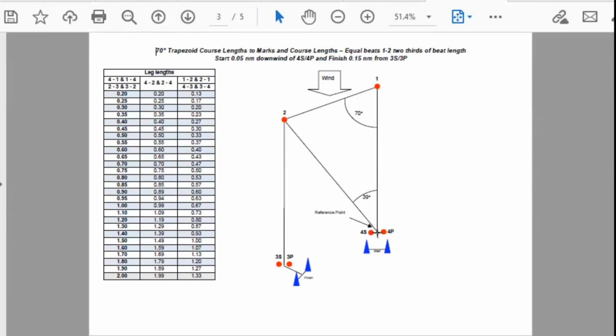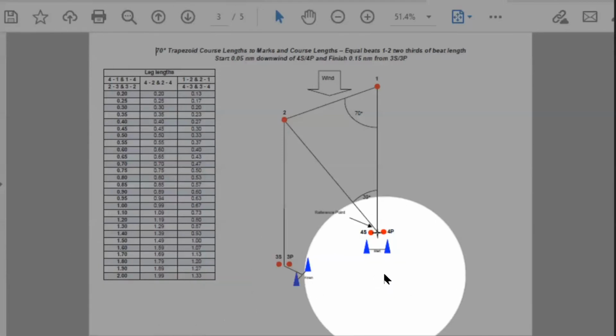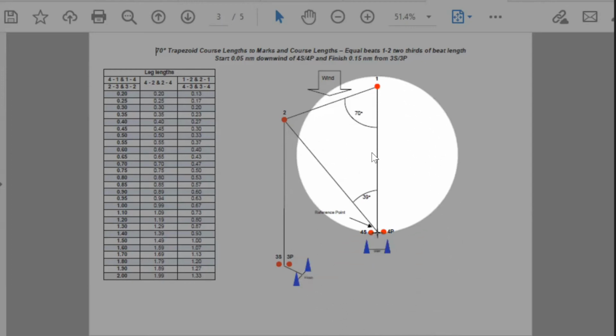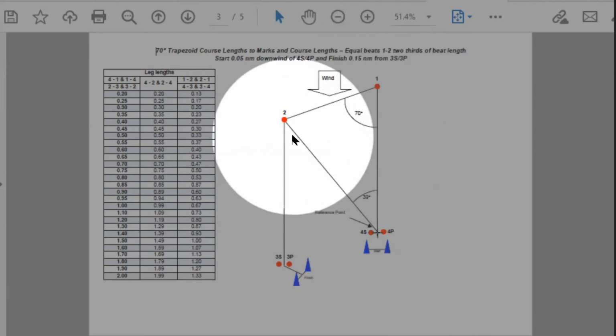Another popular course in really, really big fleets, I mean fleets with at least 50 and possibly even over 100 boats, is the trapezoid course. And in the trapezoid course, you start and you signal either inside course or outside course.